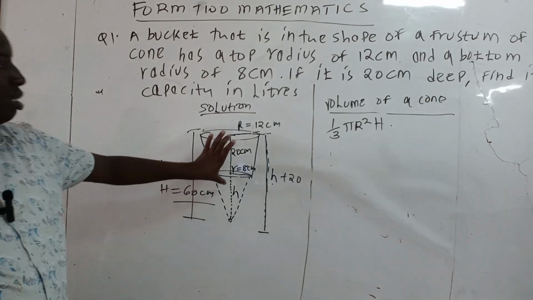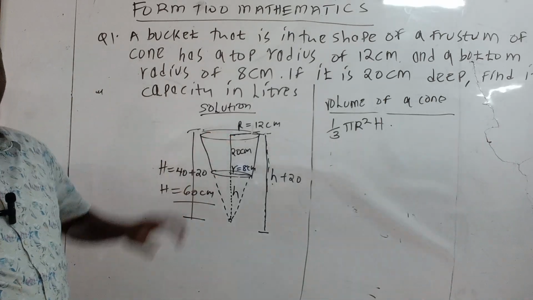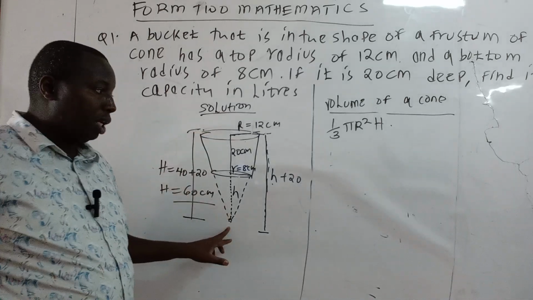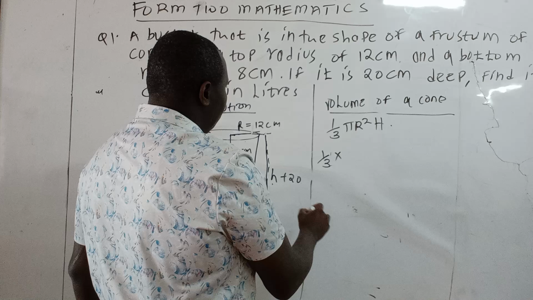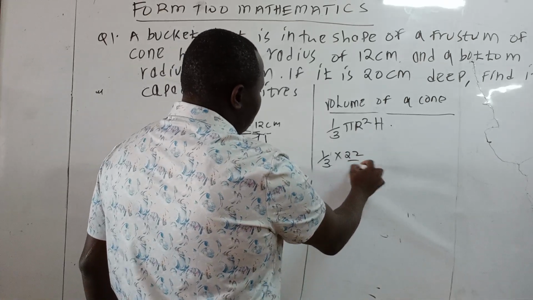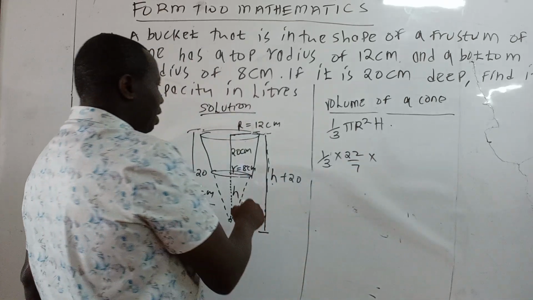So therefore, when you need the volume of this bucket, you'll find the volume of this big cone, which is one third times pi. We can take pi as 22/7 times r squared.